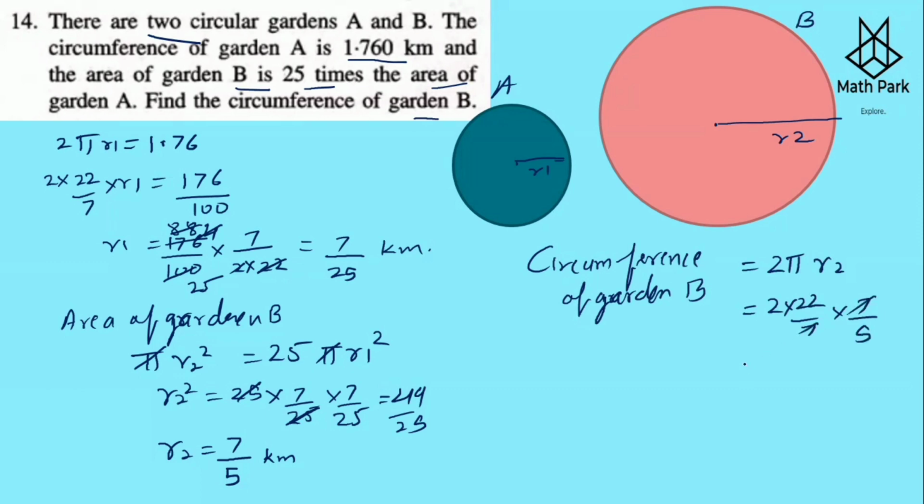So this got cancelled. So we have 2 times 22 is 44, 44 by 5. Let us make it a decimal. It is easy if you multiply by 2. 44 times 2 is 88 and 88 by 10 is 8.8 kilometers, the circumference of garden B.